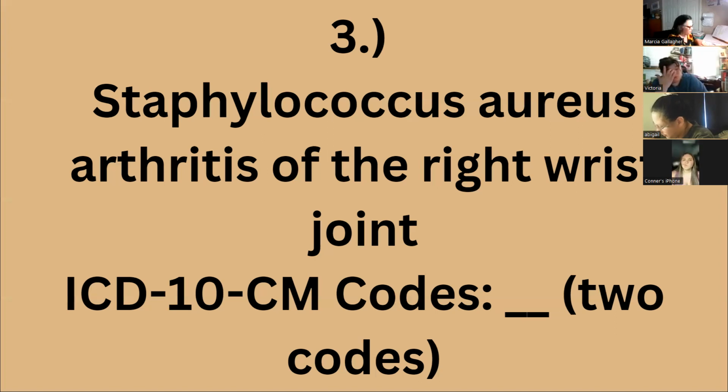So Abigail, let me know when you see the code. It's M00.03. And what does it have beside it? Oh, it has a red dot, which tells us we need more characters. So now we have to go check it in the tabular, which we should be doing anyway. So M00.3.